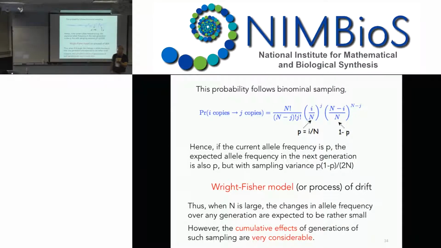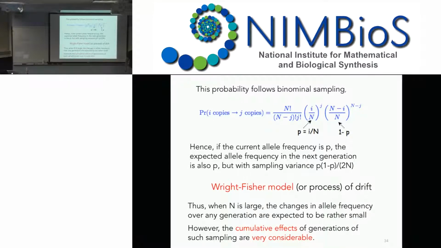Over many, many generations it will. If I've got 10 individuals, random sampling could cause the allele to be lost or become fixed in one generation. So as your population size gets smaller, the noise from random sampling gets bigger. That is, the time scale for drift to be important gets shorter. So in large populations, over a few generations, drift isn't very important.